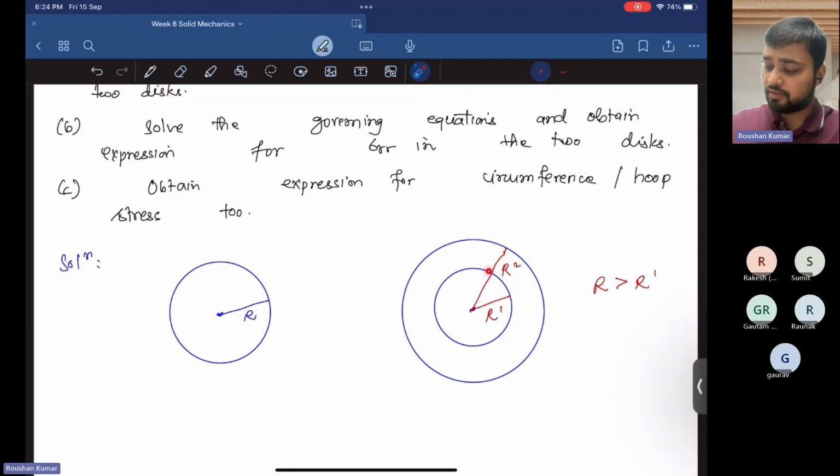Then we fit this disk inside the hollow part of the hollow disk, and after the solid disk fits into the hollow disk, we cool it. After the cooling treatment, the solid disk expands and the hollow disk tries to contract, so these two disks are rigidly fitted within one another. In this way, the disk of radius big R can be fitted to the hollow disk.